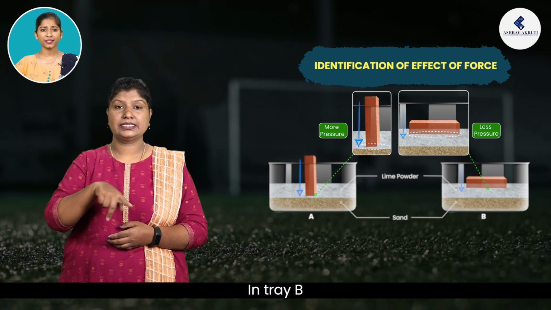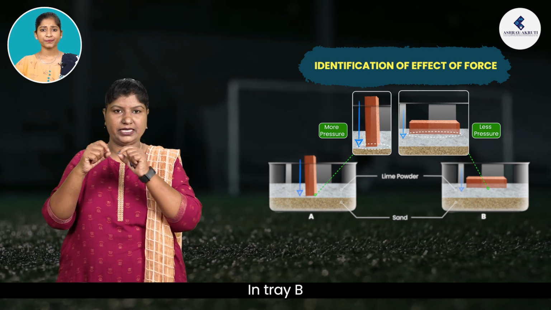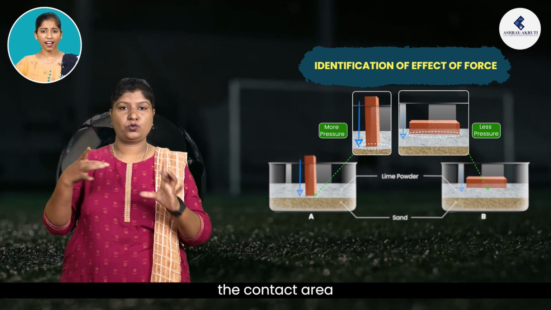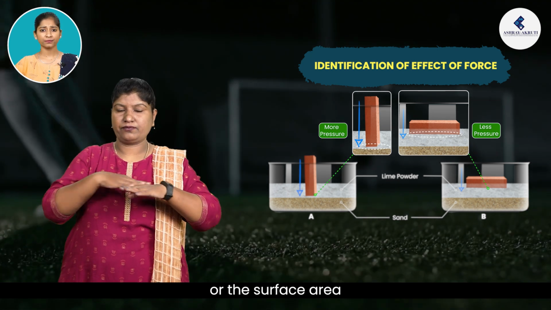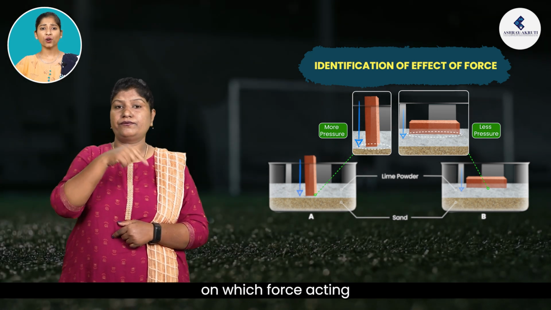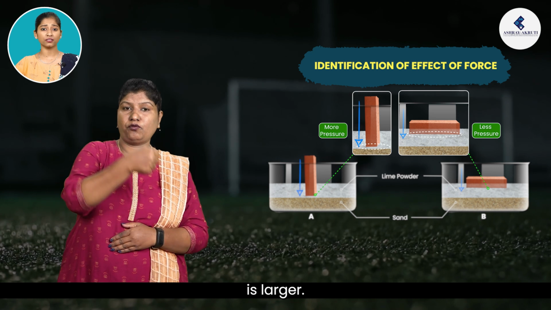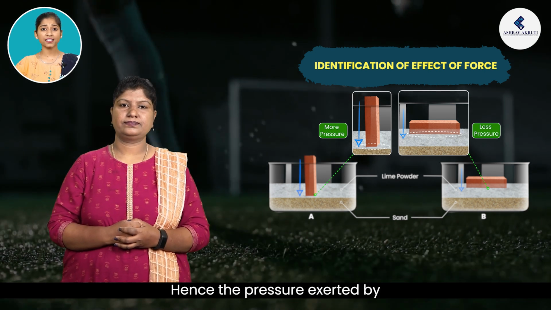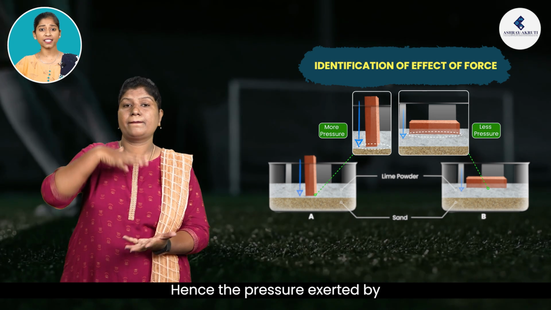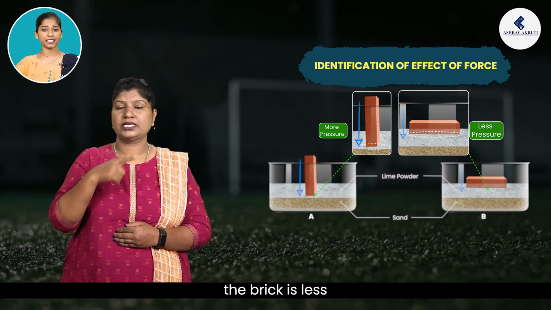In tray B, the contact area or the surface area on which force is acting is larger. Hence, the pressure exerted by the brick is less.